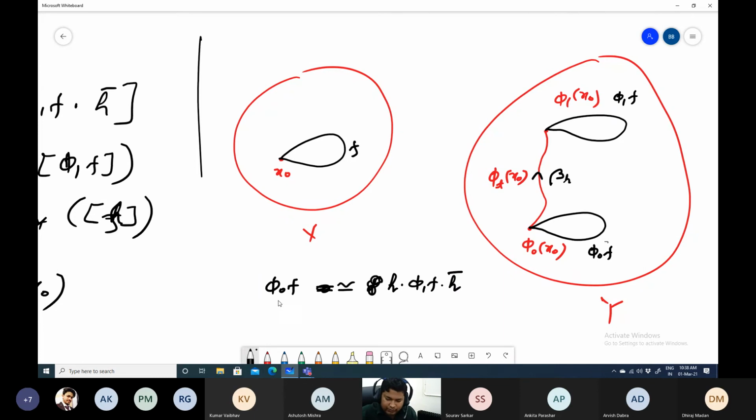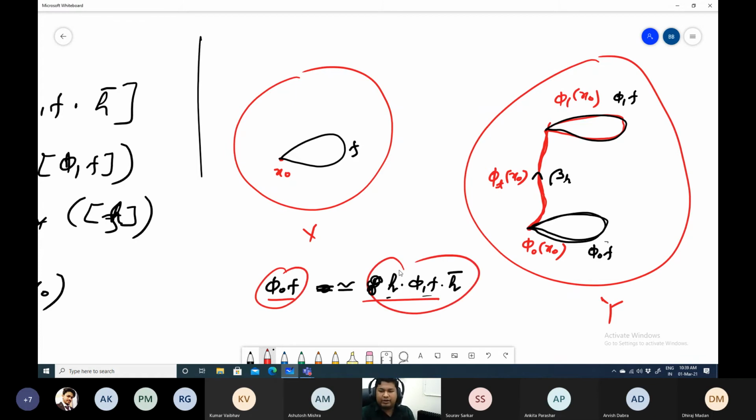Phi 0 f means this loop only, and phi 1 means first go to this, take a round and then come back. We prove that this loop is homotopic to another loop. Now they both have the same base point. They are now paths.